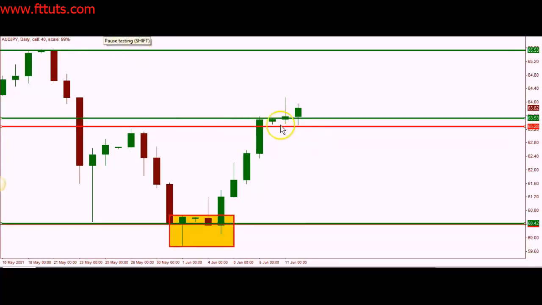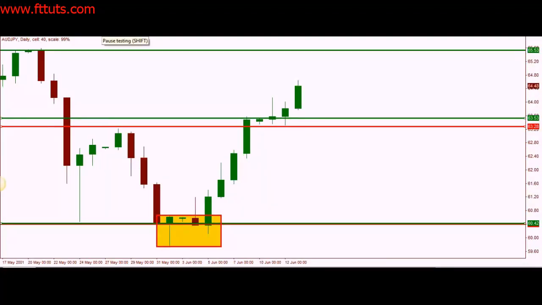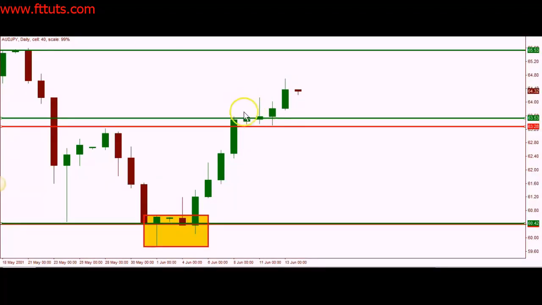And I may not have gotten taken out yet because I'm a little bit below that level. And the market continues to go higher. And the thing that I always want to mention, guys, when we look at these reversal levels, we want them to be at support and resistance levels.